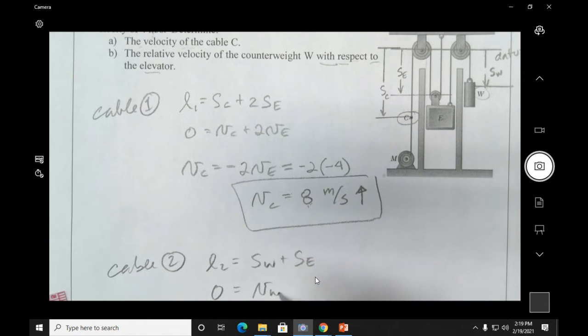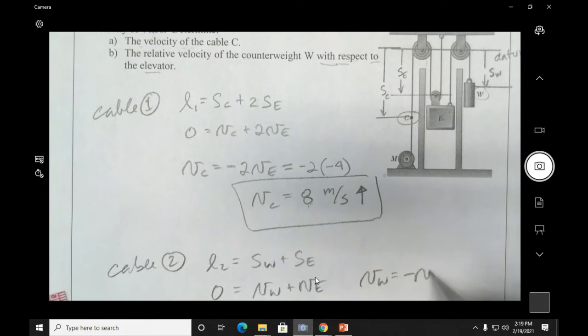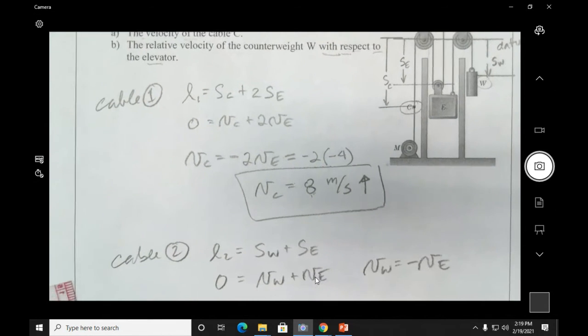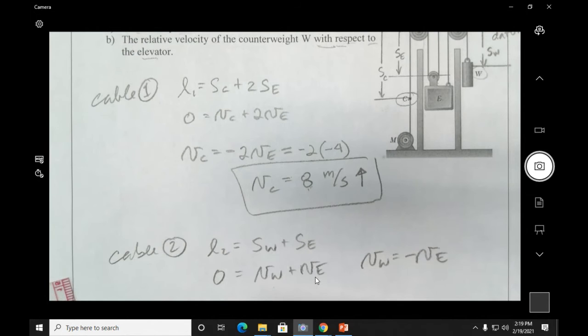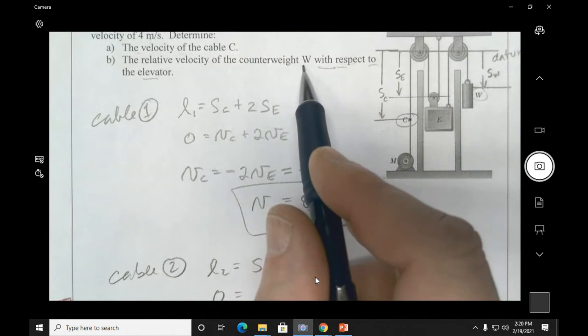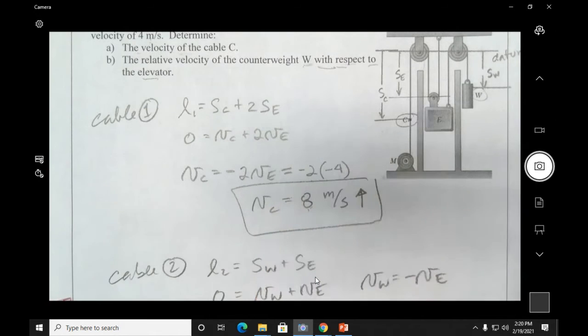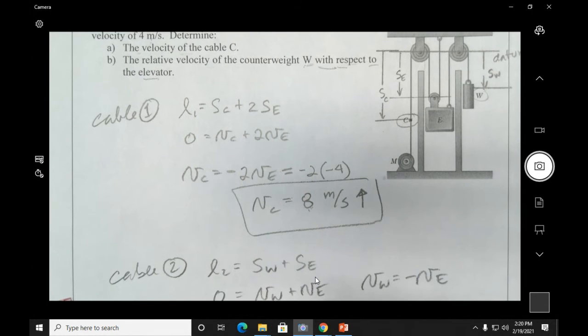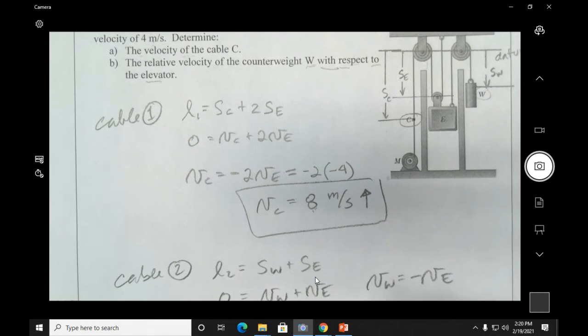So we know that if the elevator is going down, and we're trying to find W, the velocity of W is just going to be 4 meters per second up.